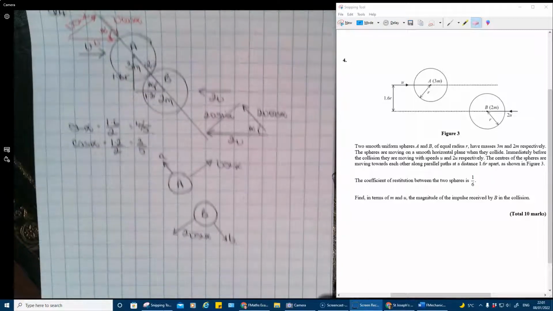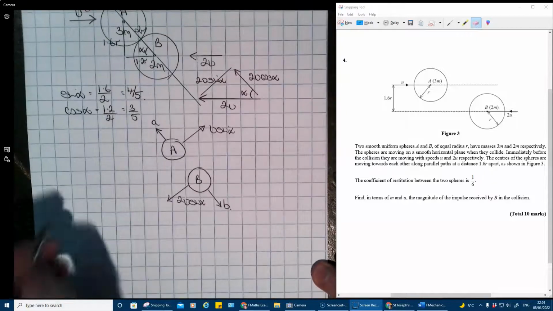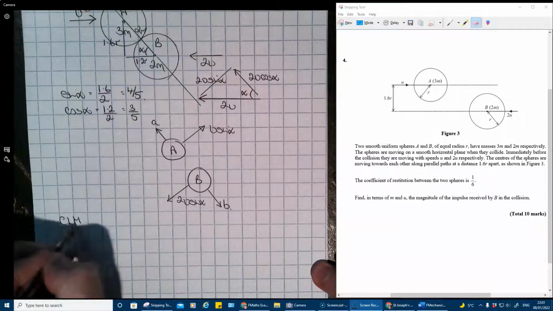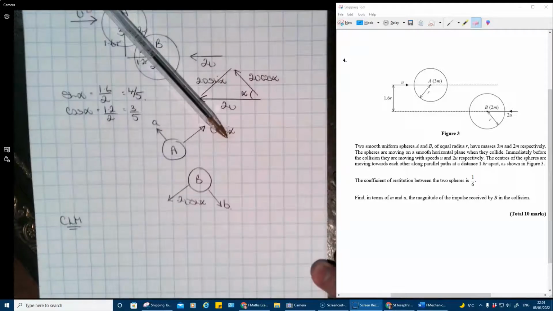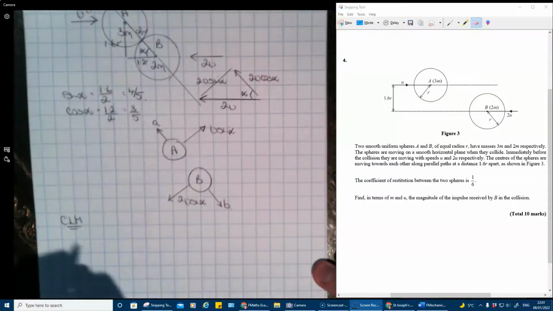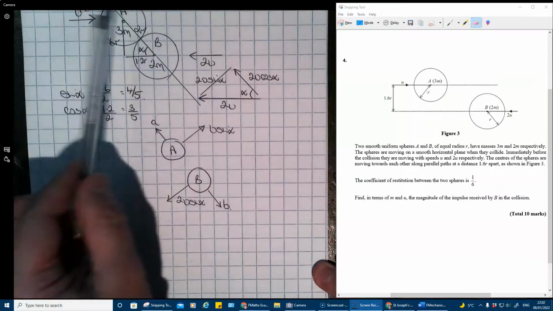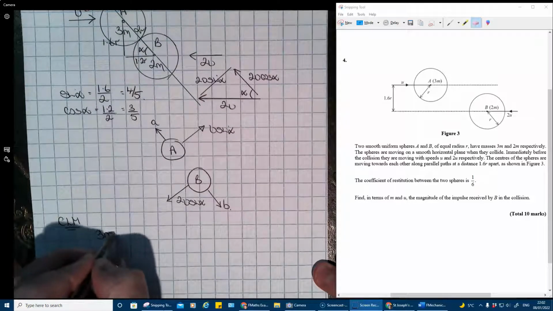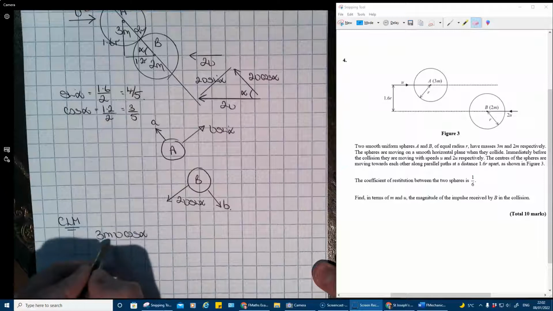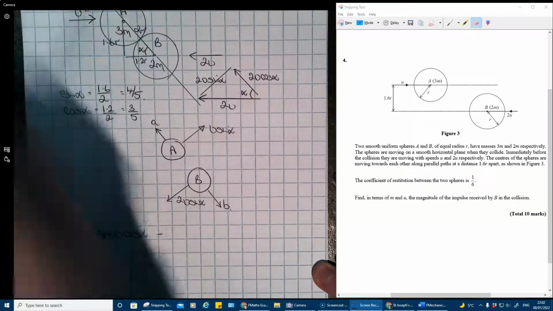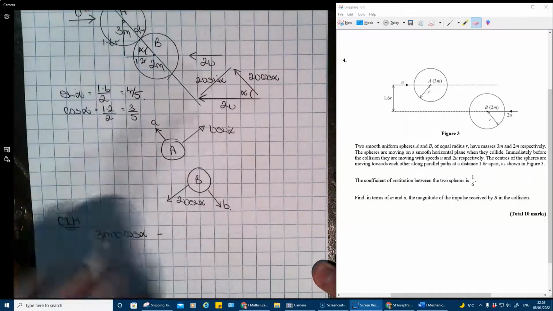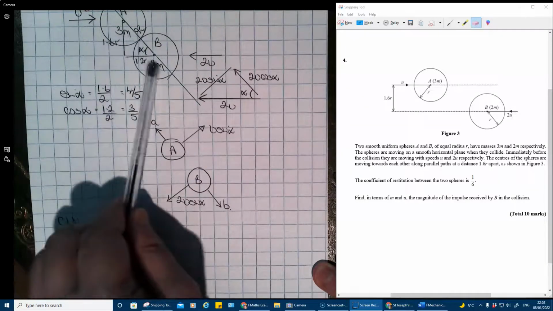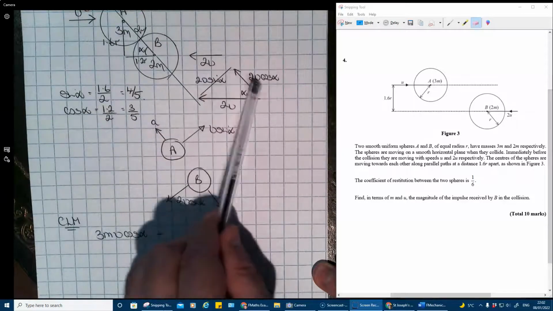Okay, so we're now going to apply the conservation of linear momentum. We're only going to do it in that direction because there's no change of momentum perpendicular to that. So we've got, this has got mass of 3m, so 3m u cos alpha, mass times velocity. So I'm taking down that way as positive. Okay, so down is positive. Take away 2m times 2u cos alpha.